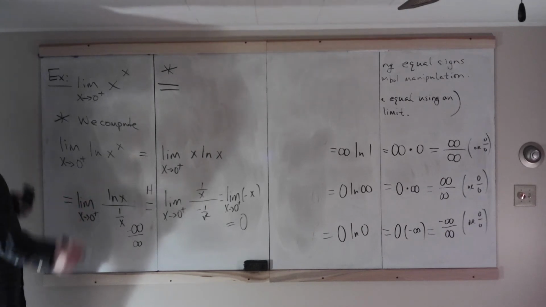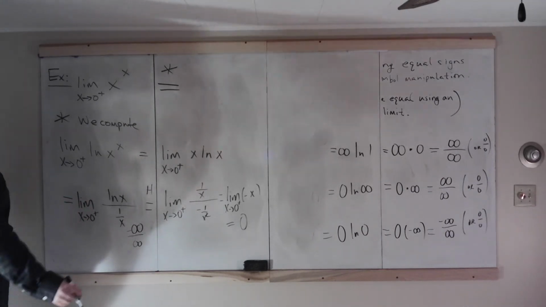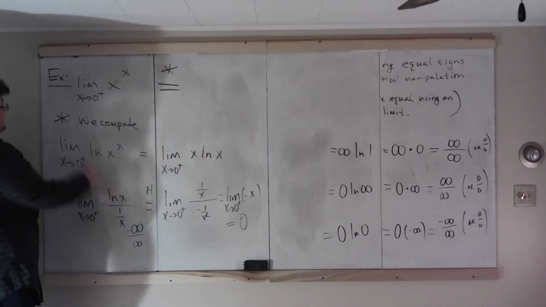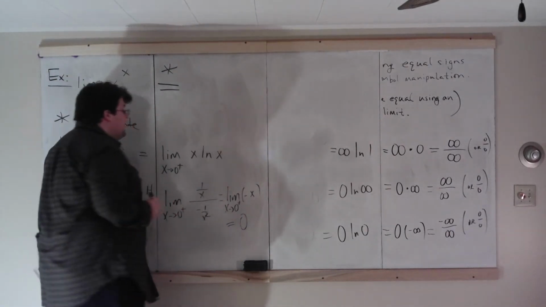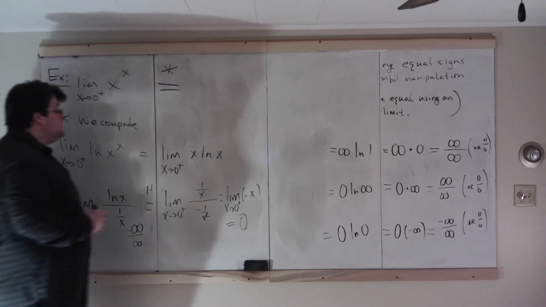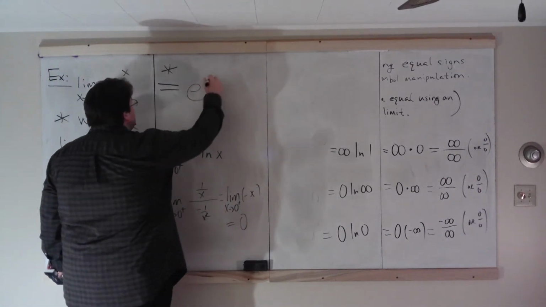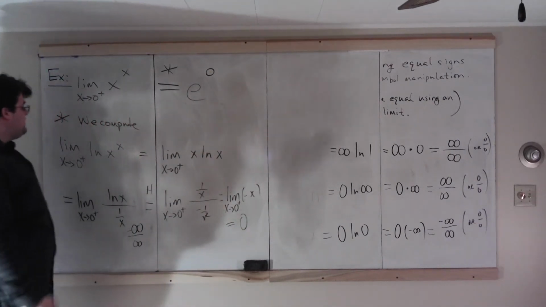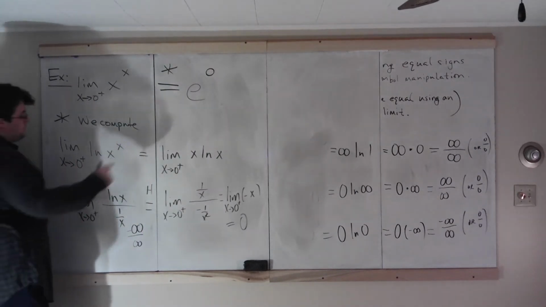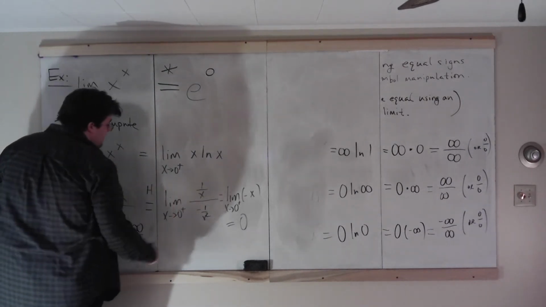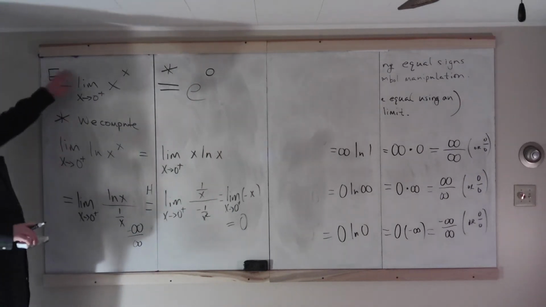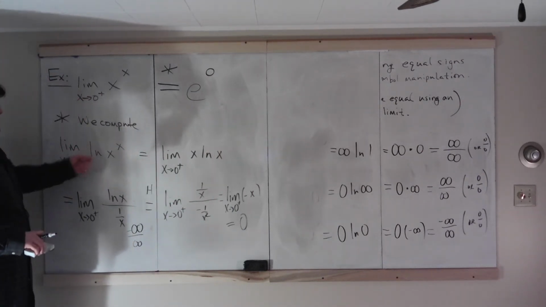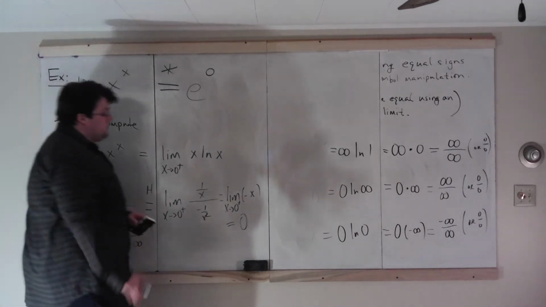With an exponential. The exponential is a continuous function, so you can throw it inside limits. So here, take the exponential of everything down here, and that tells us e to this limit equals e to that limit equals e to the 0, which also equals this up here, because e and the logarithm will cancel.